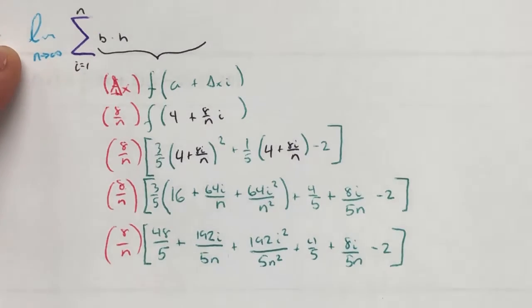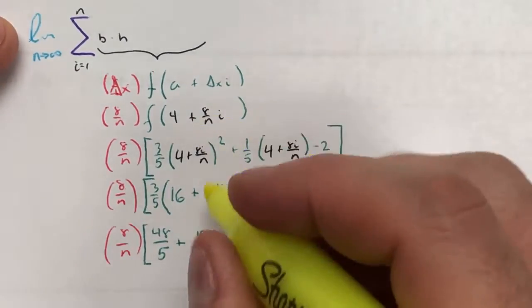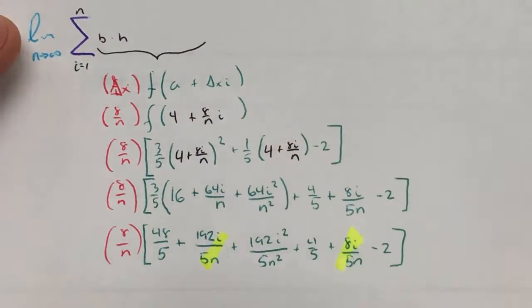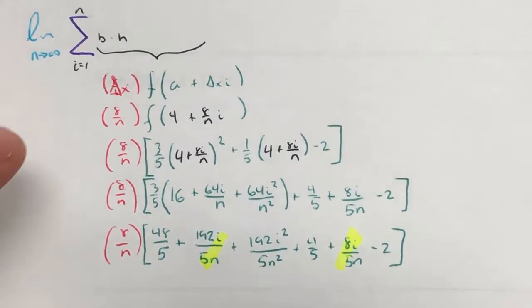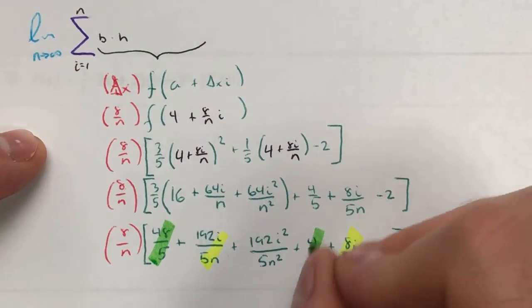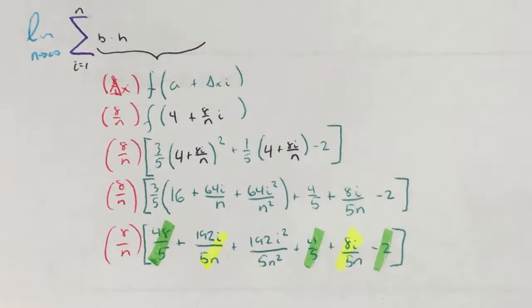Okay. I want to do what I can to combine my terms. I know I have an i here and an i here. And then I know I have some constants that I'm going to have to combine: constant, constant, constant.